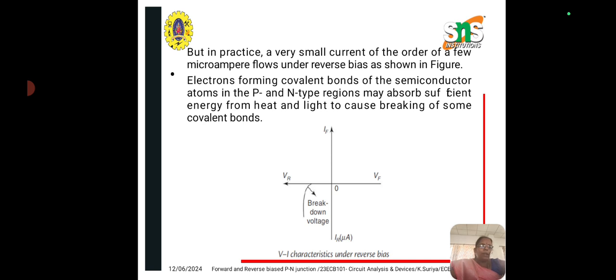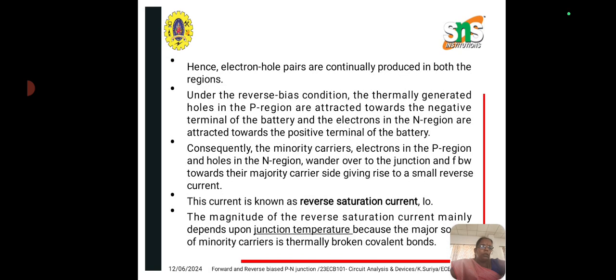Electrons forming covalent bonds of the semiconductor atoms in the p and n-type regions may absorb sufficient energy from heat and light to break some covalent bonds. So electron-hole pairs are continually produced in both regions. Under the reverse bias condition, the thermally generated holes in the p region are attracted towards the negative terminal of the battery and the electrons in the n region are attracted towards the positive terminal.